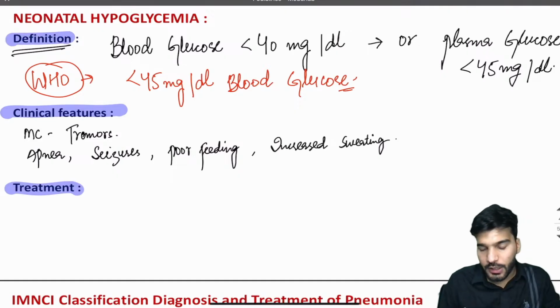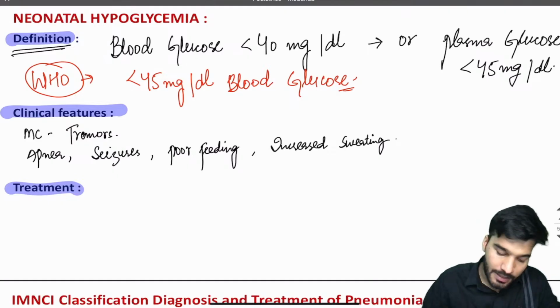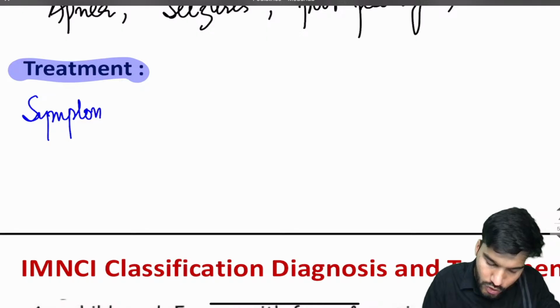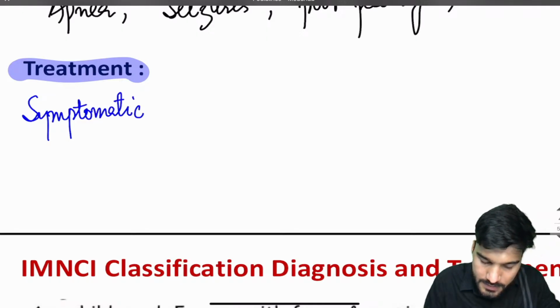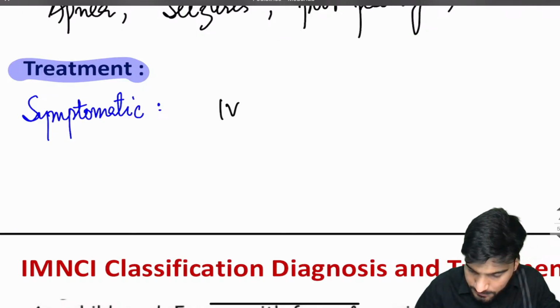Now the treatment of neonatal hypoglycemia will depend on whether the patient is symptomatic or asymptomatic. If it is symptomatic, the treatment is going to be IV 10% dextrose.